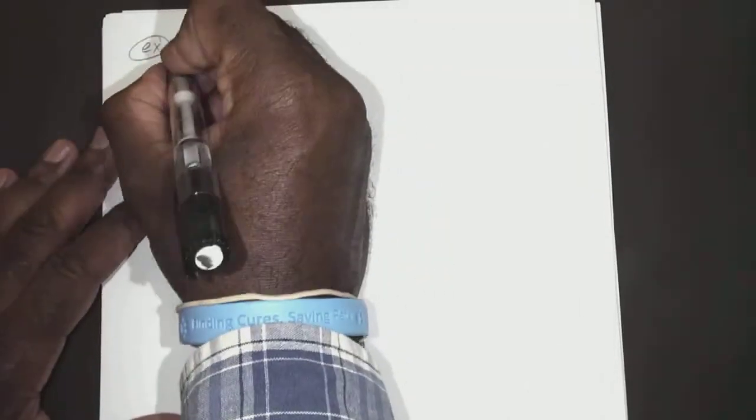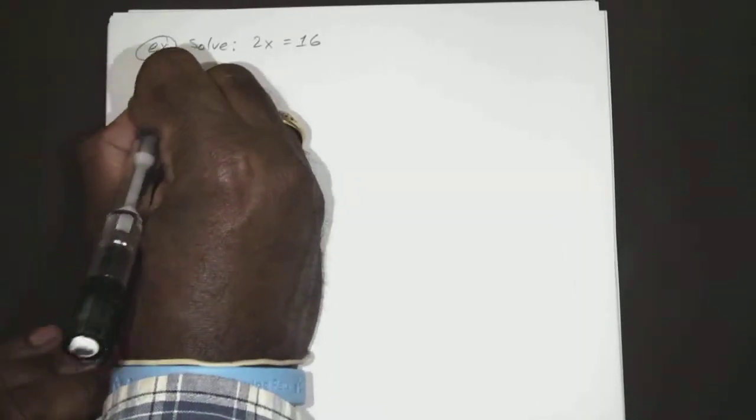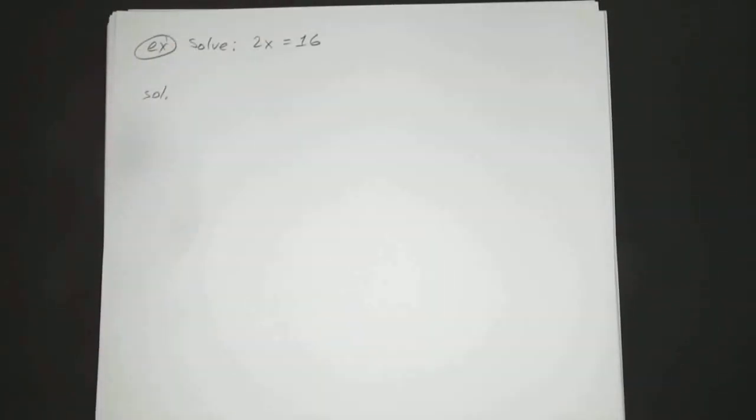Okay, so let's say, for example, if you wanted to solve 2x equals 16. Now for the adding and subtracting, you knew that if you saw x plus something, you'd have to subtract whatever that number was.